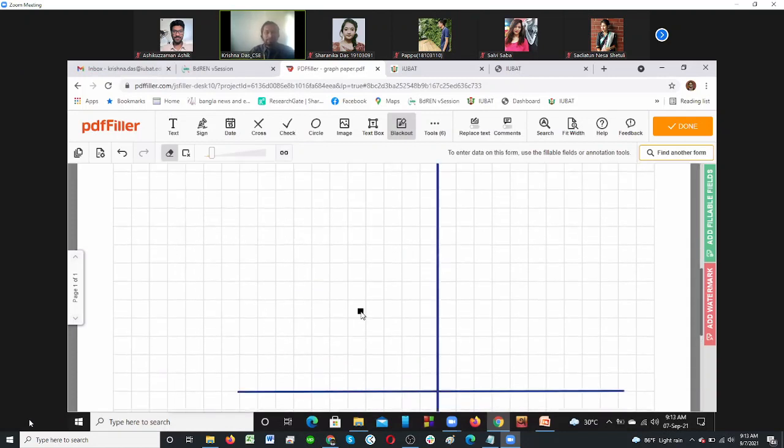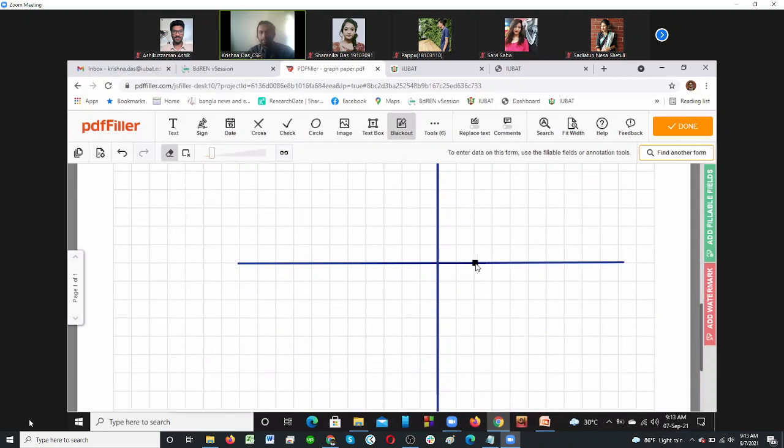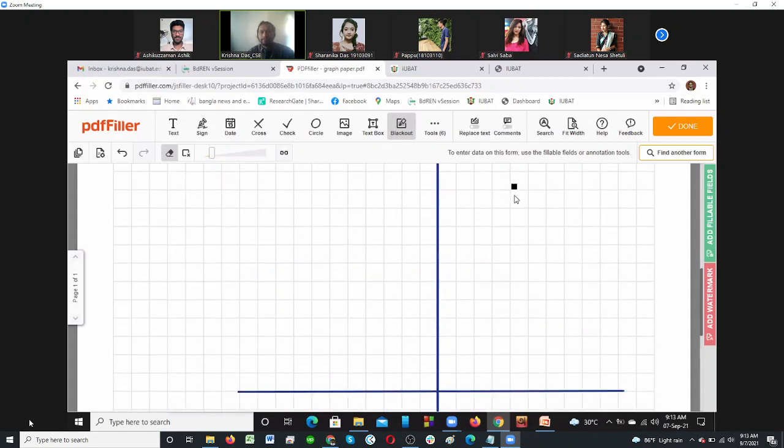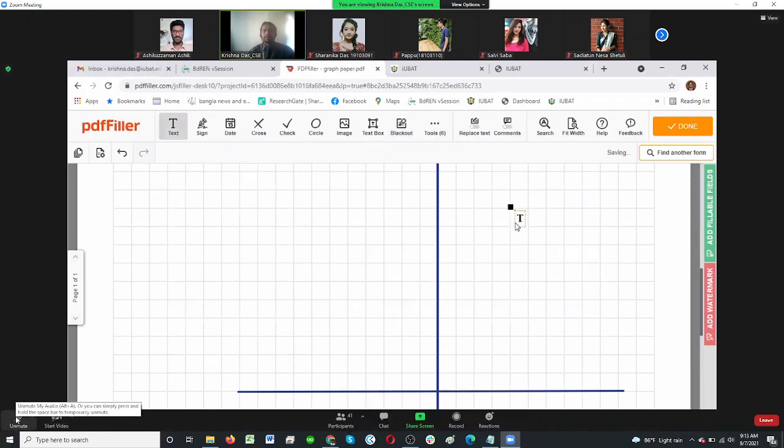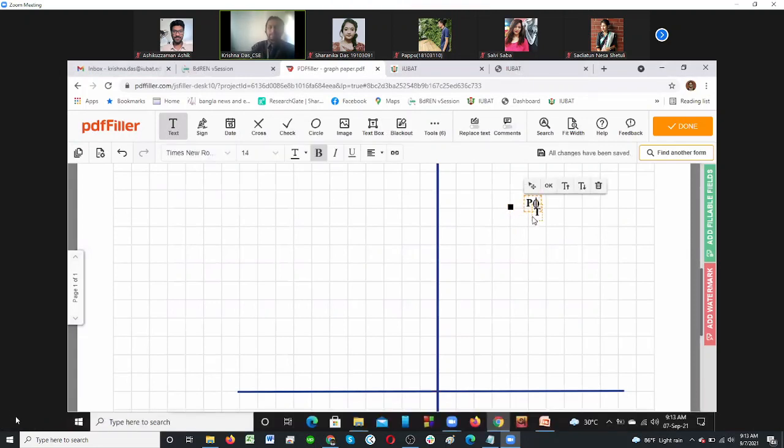So 2, 5 would be 1, 2, then 1, 2, 3, 4, 5, and 1, 2, 3, 4, 5, 6, 7, 8, 9, 10. So this is 2, 5. We just take that coordinate point in here. This is my 2 and 5. We have taken 2 boxes as 1 unit, right?